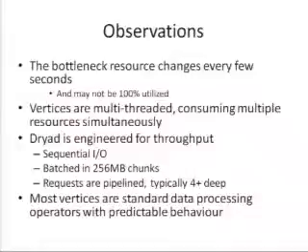So observations from that are that the bottleneck resource, which is what we need to understand in order to predict how this vertex is going to run on different hardware, actually changes. And not only does it change, but it may not even be 100% utilized. Vertices consume multiple resources simultaneously.